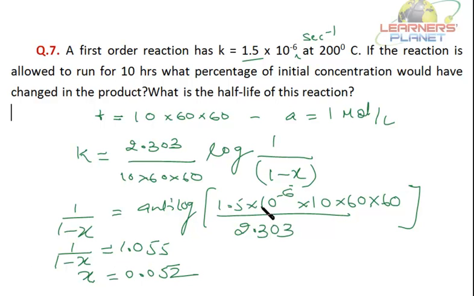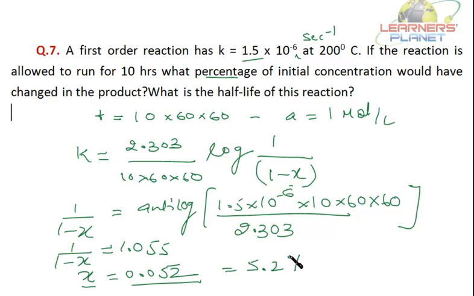I think you can easily solve the multiplications, the divisions, find the antilog, and then find the value of X. My part is to tell you the solution, the procedure, the formula. So yeah, you can easily do this. Your X is 0.052. Now, how much percentage has been changed into product? It will be approximately 5.2%.